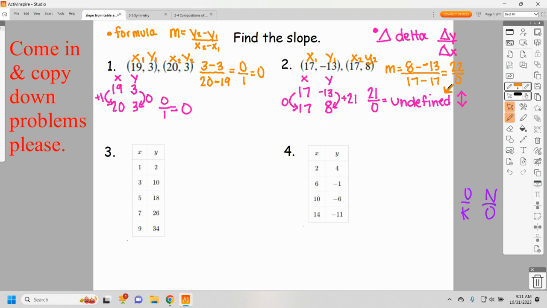Now, on the tables, boys and girls, listen to me. On the tables, you're doing the same thing, but you just pick your 2 points. Pick your 2 easiest points, the 2 points that look easiest for you. Now, I will tell you, I could pick the first 2 points. Lee could pick the middle 2 points. Heath could pick the last 2 points. Talon could pick the first and the very last point, and we're all going to get the same answer.